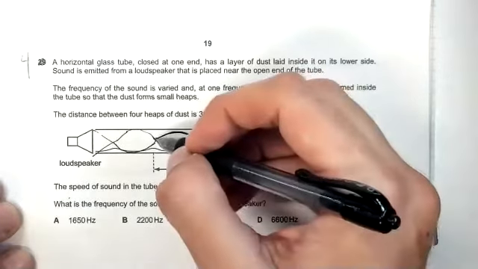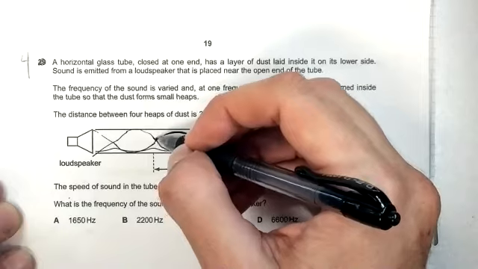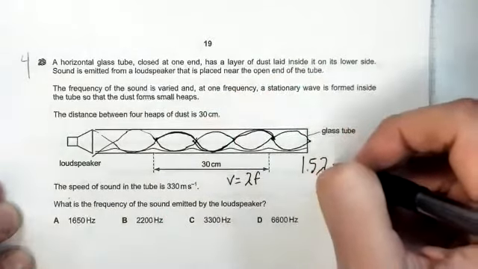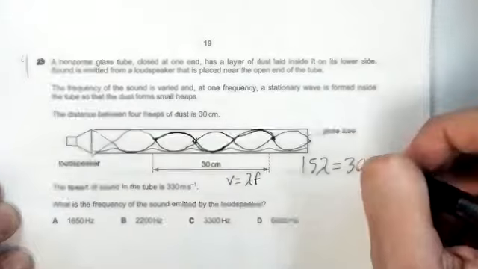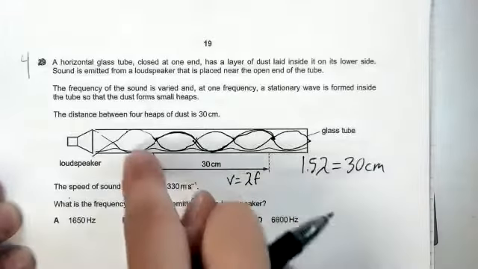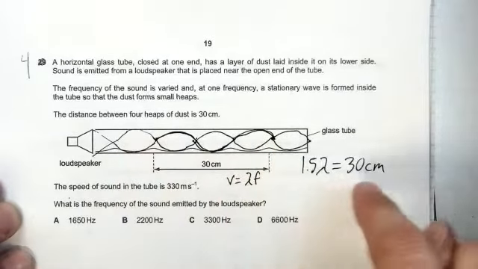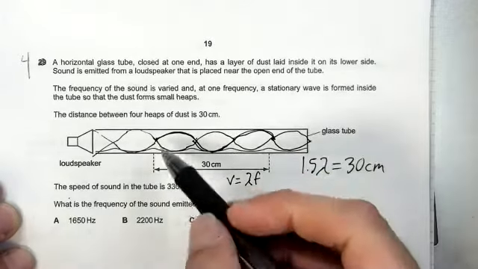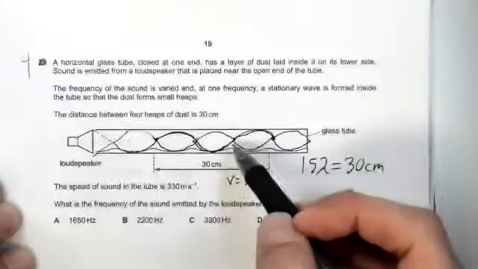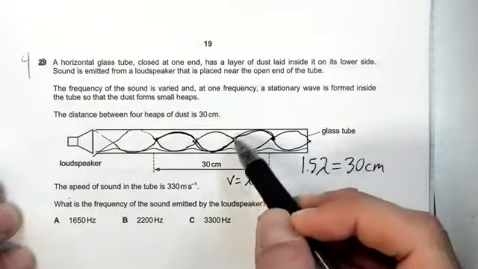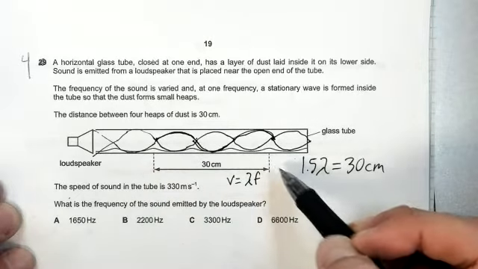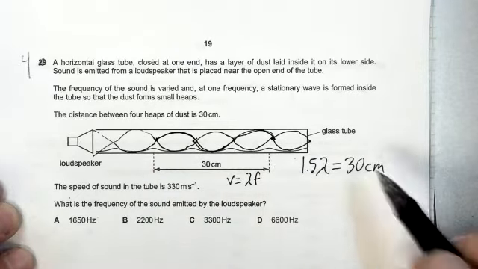Okay. For this one, I prefer to say 1.5 waves is 30 centimeters. I like to just translate what I can visualize into a mathematical equation that's perfectly solvable. And so if that makes sense to you, that there is 1.5 waves, right? We can see 1.5 waves is 30 centimeters.